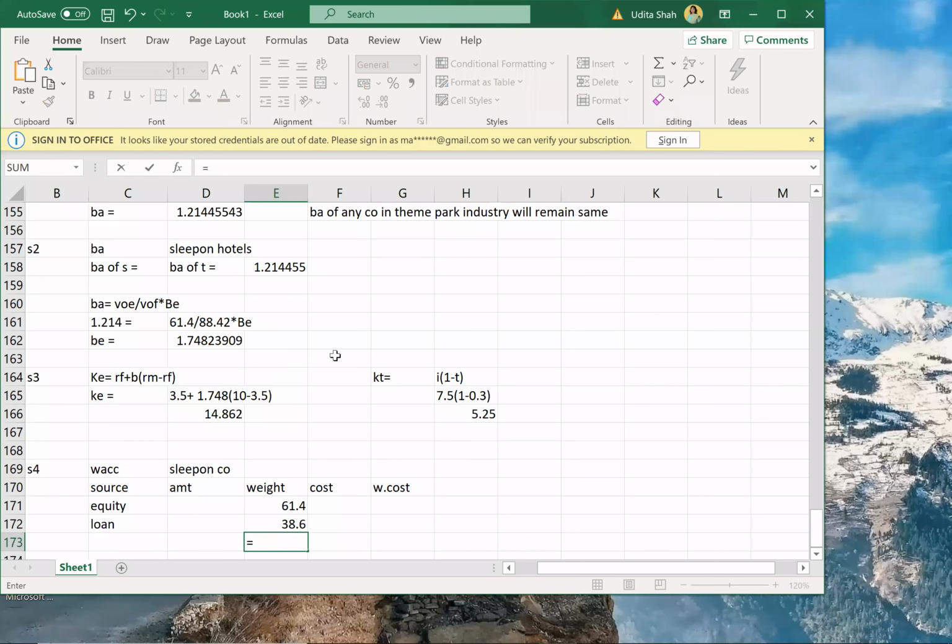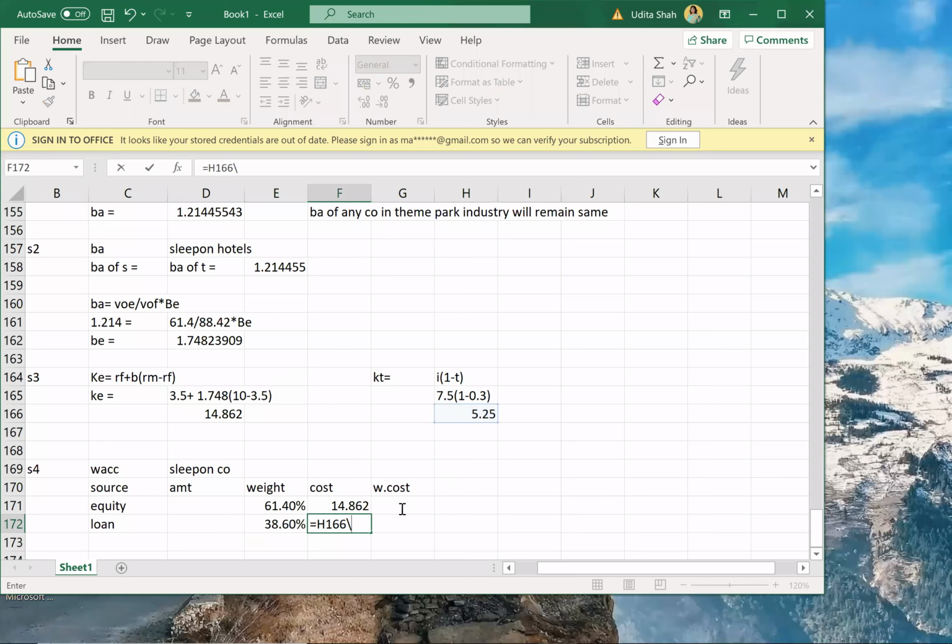So weight will be what? They have given the weight. And cost we have taken, cost is 14.862. So weight is 61.4%. This will be in percent. 38.6 will also be in percent, with cost 5.25.